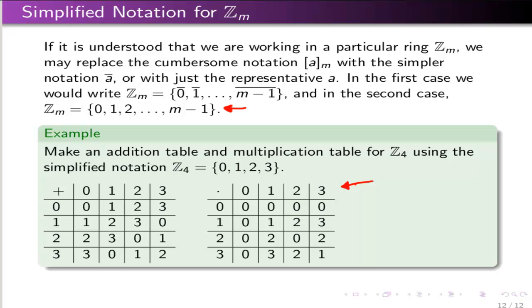You can actually think of it as some strange new multiplication law for the finite set of integers 0, 1, 2, and 3. So don't think of them as residue classes. Just think of this set of integers, 0, 1, 2, and 3, on which you have defined a new type of multiplication and addition law.